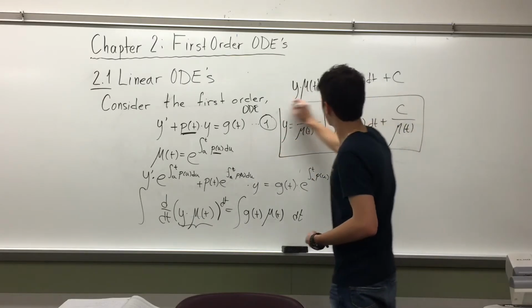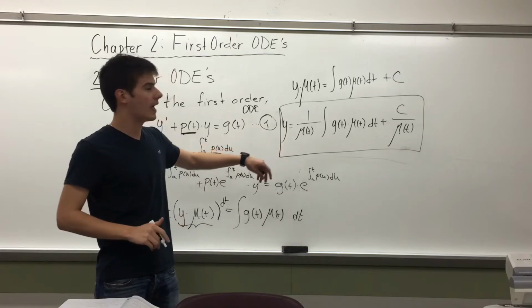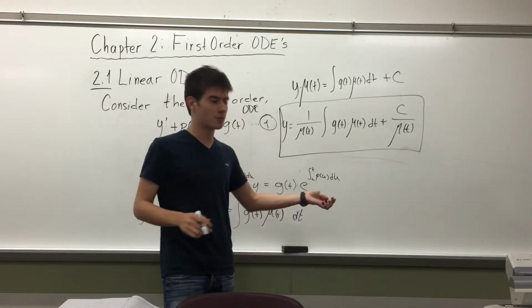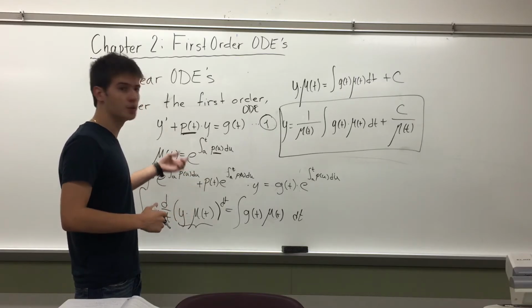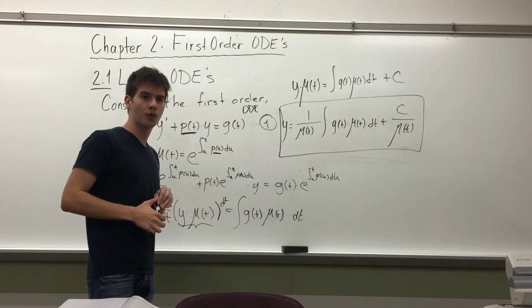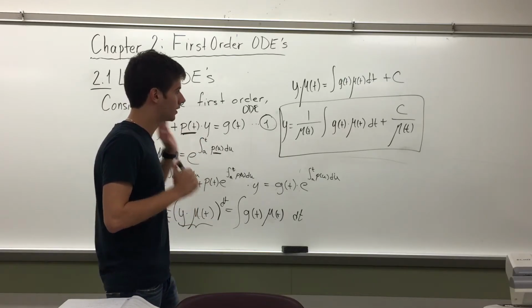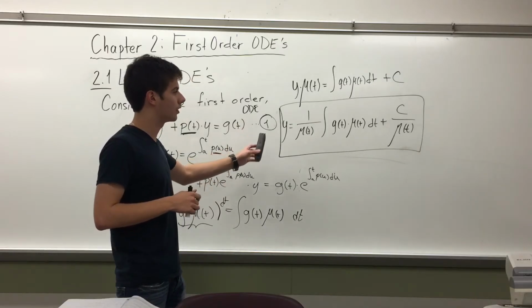So this is the solution of our first order linear ODE, and I don't want you to memorize this. I just wanted to show you in the most abstract way, using functions instead of numbers. But as we go through examples, it's going to be crystal clear. So don't worry if you didn't understand this part as much.